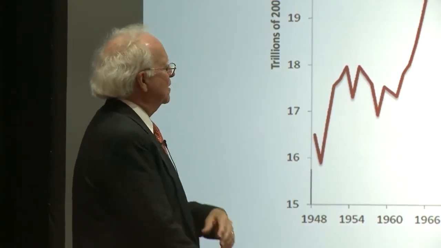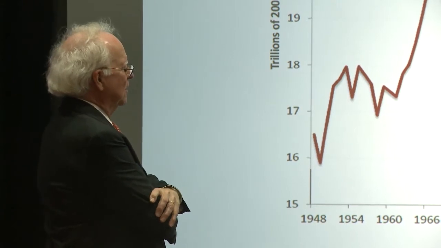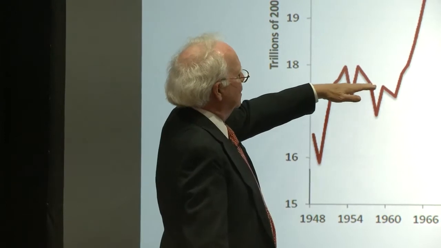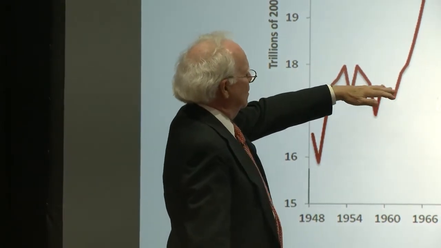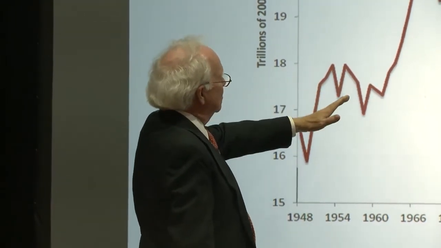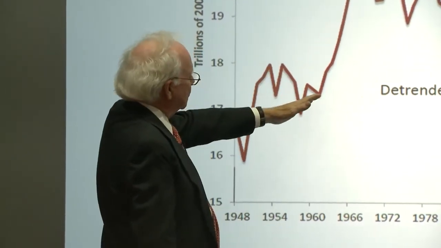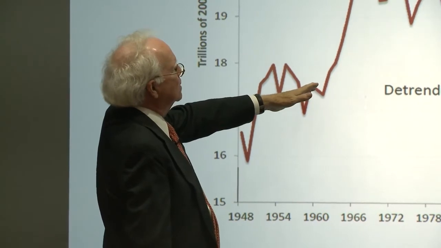So what happened to the path of real GDP in the US over this period? The answer is it bounced around at a normal, not very high growth rate. Then there was an incredible spurt, which occurred in the 1960s.